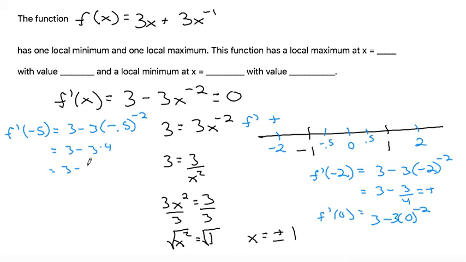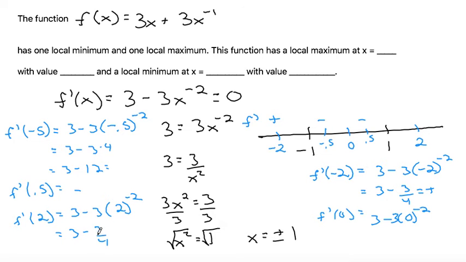So this would be 3 minus 12, which is a negative number. So this will be a negative here. And then f prime of positive 0.5 would be the same thing, still a negative. And then f prime of 2 is 3 minus 3 times 2 to the negative 2, which is 3 minus 3/4, and again that would be a positive here.